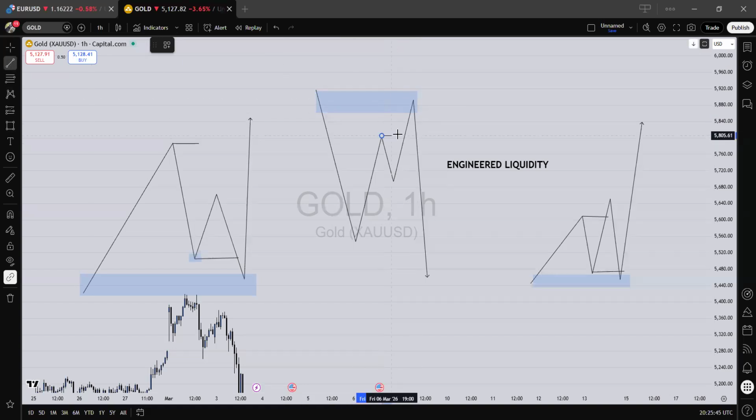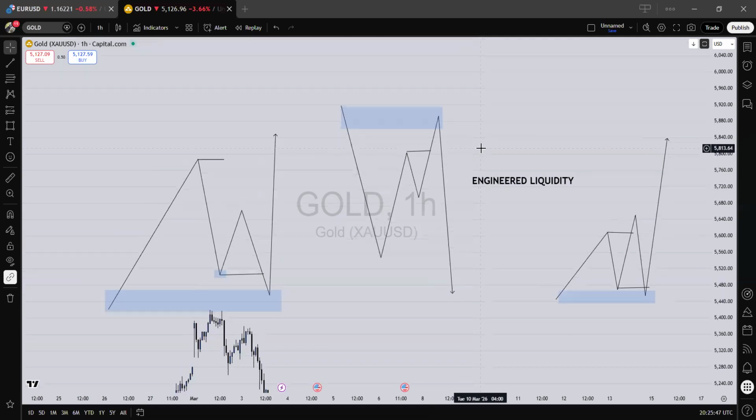So when there is no inducement close to your POI, or if the inducement is far from your POI, and price wants to use that POI. By POI, I mean point of interest. I'm sure that is not a strange concept to you guys.